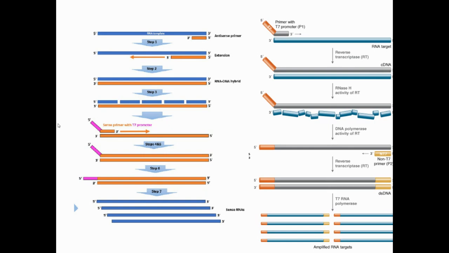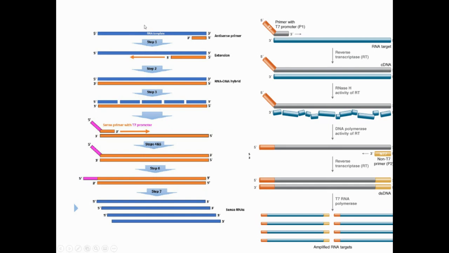During the reaction, the forward primer hybridizes to a target RNA present in the sample. Then the enzymes reverse transcriptase and RNase H, along with the reverse primer, produce the double-stranded DNA with the target sequence and T7 promoter. And this is just the procedure.